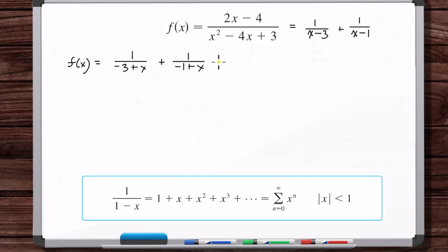Okay, but let's factor out a minus 1 from the denominator. So minus 1 over 3 minus x, and then minus 1 minus x. So there we go. This is in the right form.